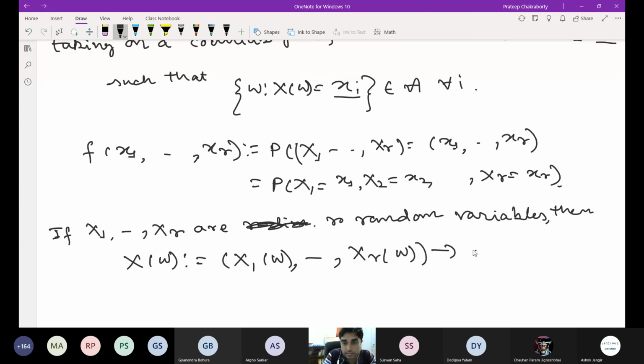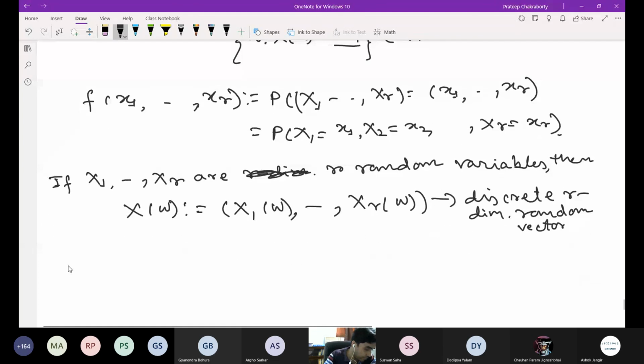So this is a discrete r-dimensional random vector, and the density function is called the joint density of X1 up to Xr.